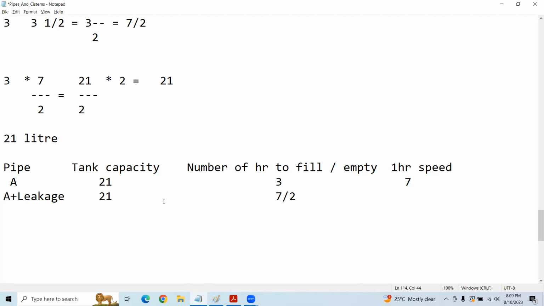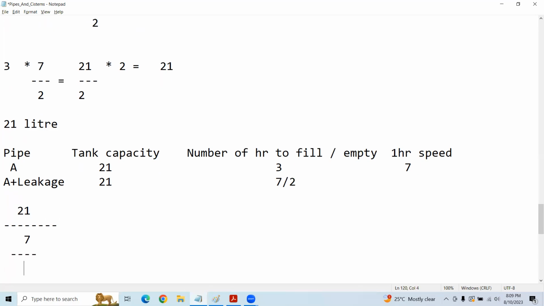So how much is the 1 hour speed? 21 divided by 7 by 2. When you divide a fraction by a fraction, what do you need to do? You multiply by the reciprocal of the denominator.